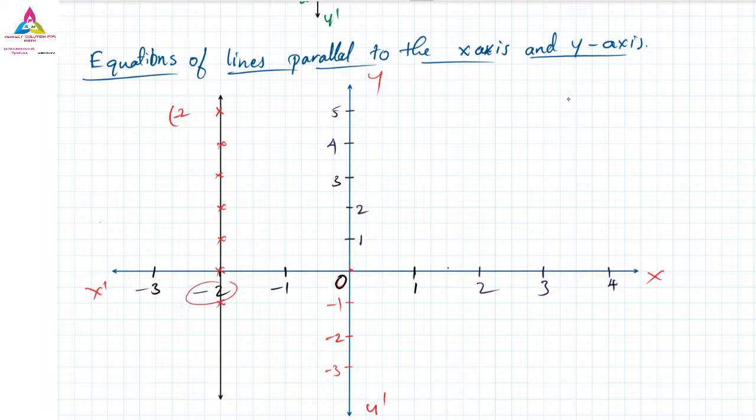The x value is -2 itself, but the y values keep on changing. Means here one thing is constant, the x value.